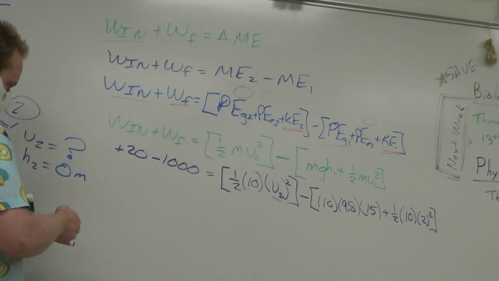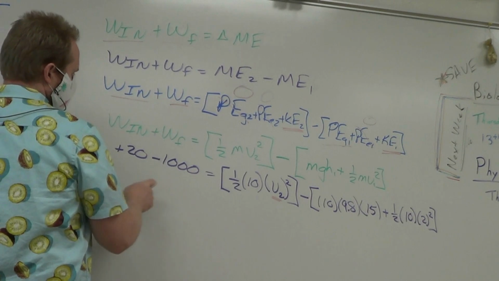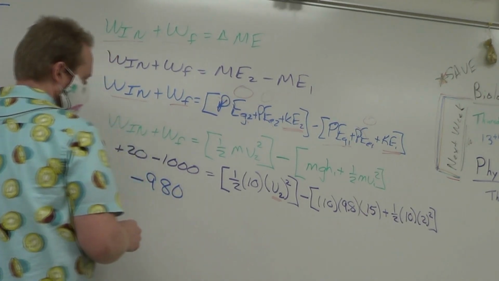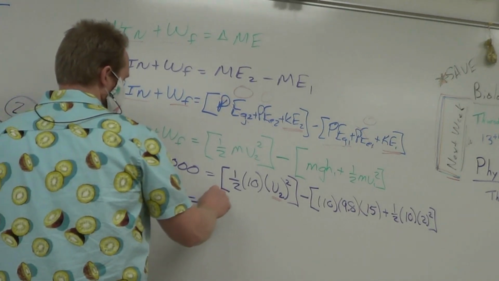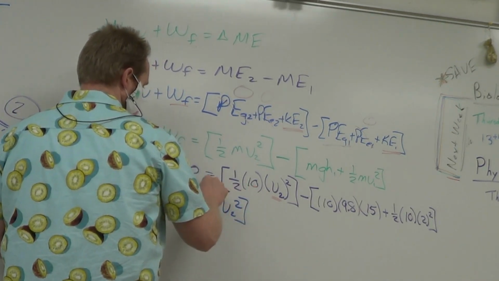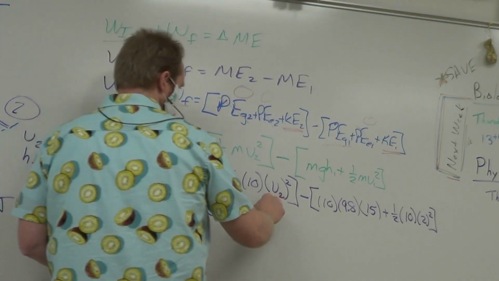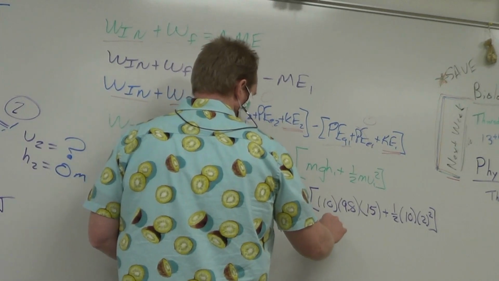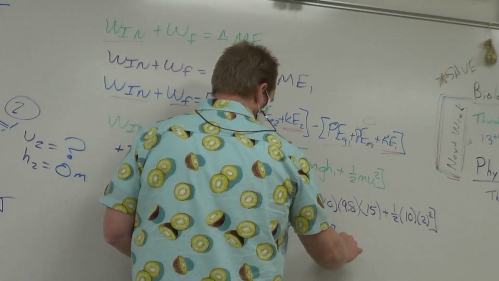So we do some algebra. What is that? That's going to be negative 9,800 is equal to 5 V2 squared minus 1,470 plus 20.